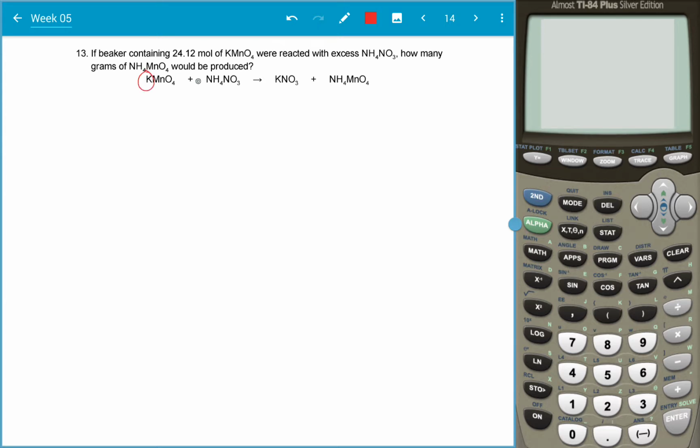I have one potassium, I have one manganese, I have two nitrogens, and finally I have four hydrogens and 7 oxygens on each side.